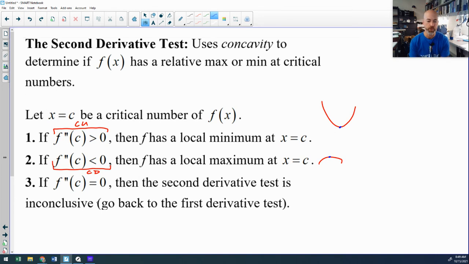And I probably should put in here, and I should have had this, if the second derivative at c is undefined. So if your second derivative is equal to 0 or undefined at the critical number, then that is inconclusive, and the first derivative test would be the route to go.